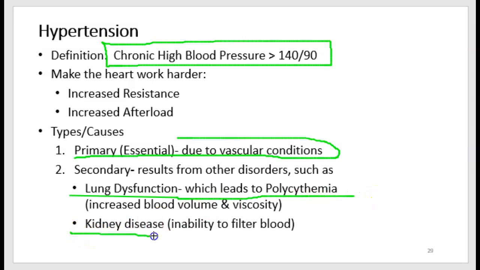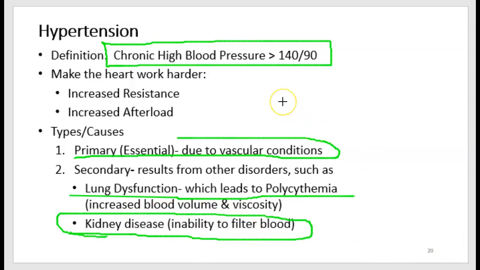But it can also be due to kidney disease, the inability to filter wastes out of the blood. So overall, the blood experiences more resistance either due to its own composition or friction against the wall of the vessel. And that places afterload on the heart.